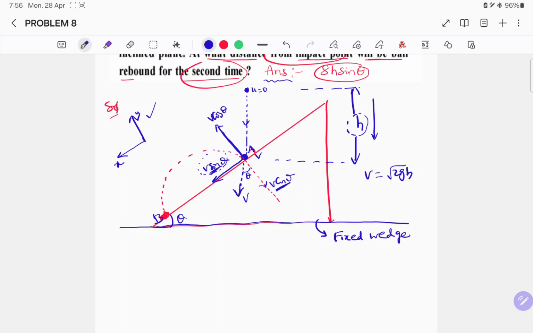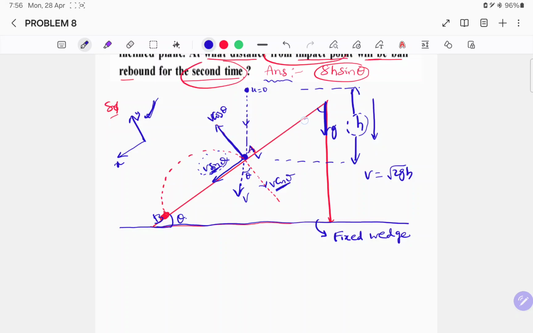So I need the acceleration vectors which influence the projectile according to the selected plane. As you know, g is a vertical downward vector. Actually g can be represented anywhere, but for easy resolution purposes, let me represent it here itself.